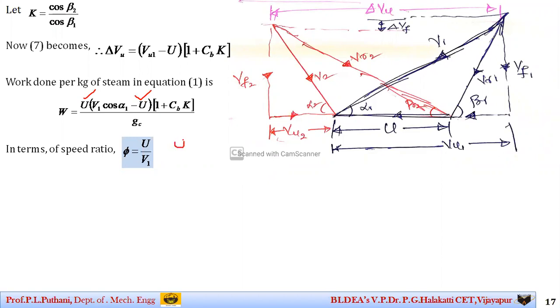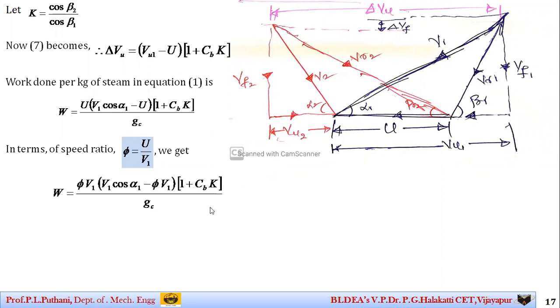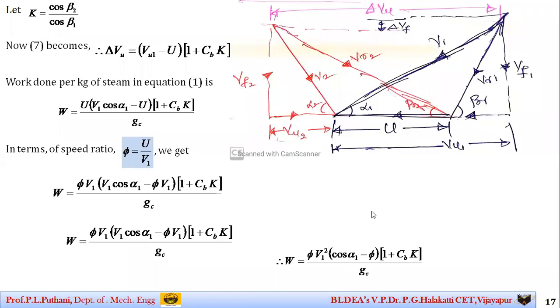That is, U is equal to phi V1 in the above equation. Then on simplification, taking V1 common, I get phi V1 square cos alpha 1 minus phi into 1 plus CBK by GC.